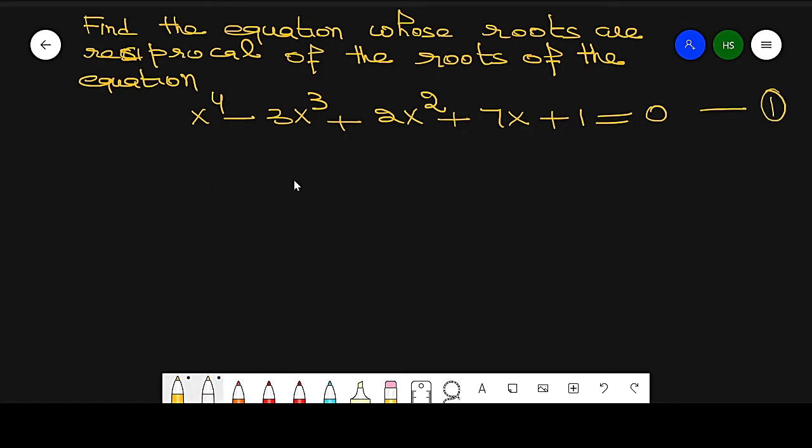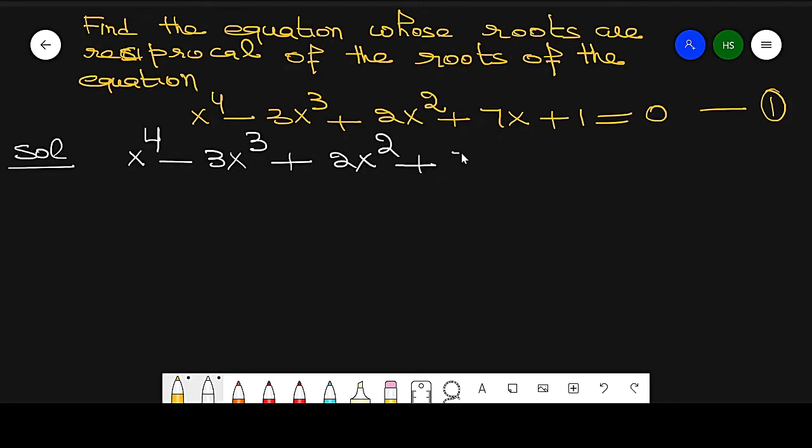This is my equation. Now solution. First step, the given equation.